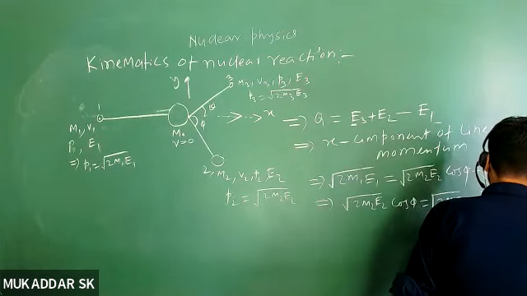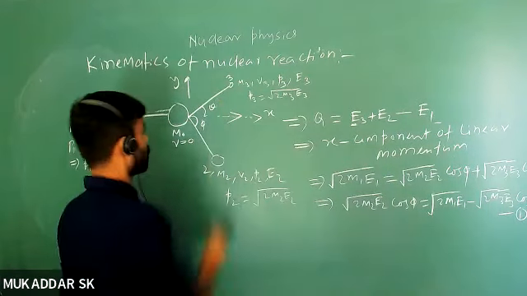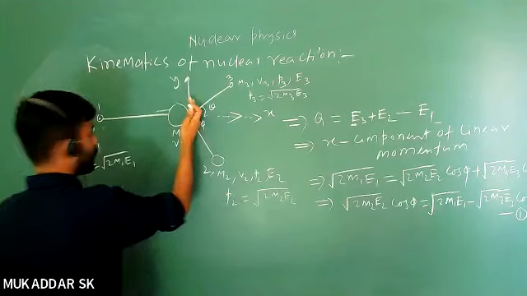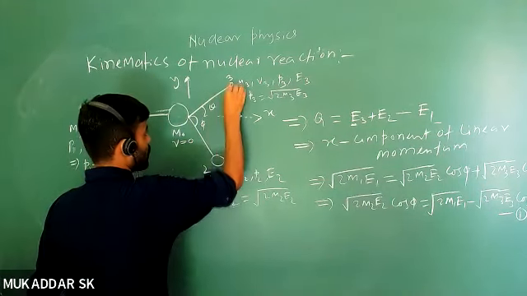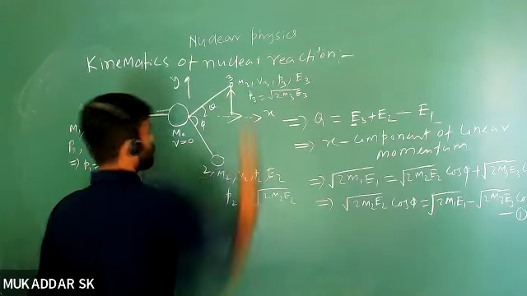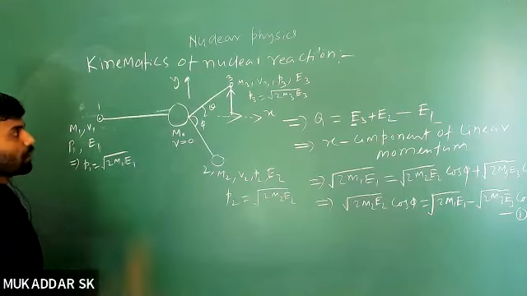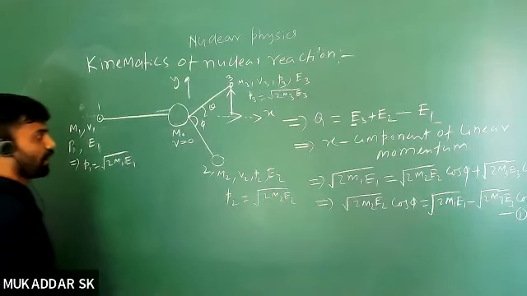Let us assume this is your equation number 1. And from the y component, before reaction there is no y component, and after reaction for the third particle you will have a component along the positive y direction. That will be root over twice m3 E3 sin theta, right? Sin theta.